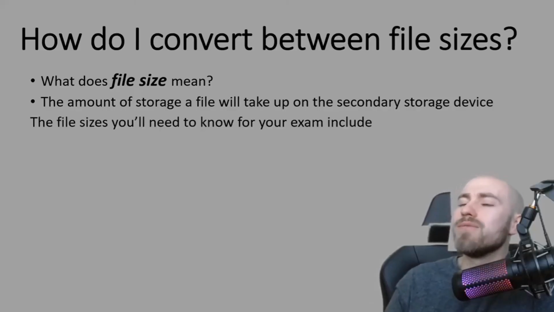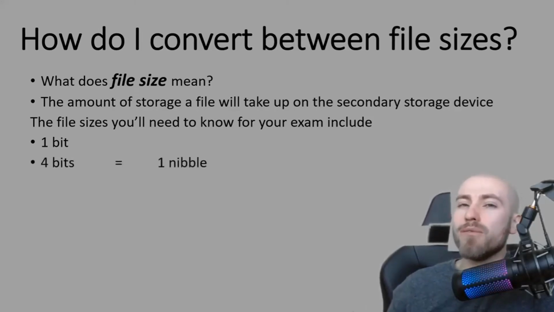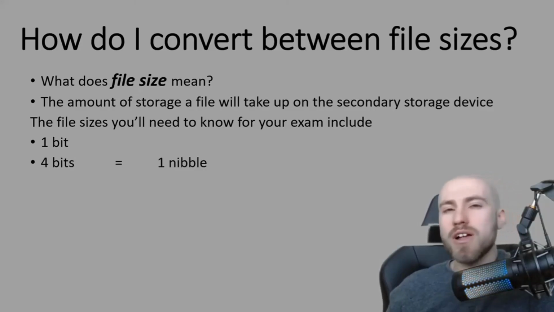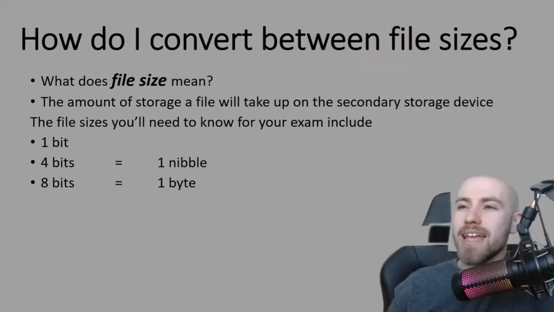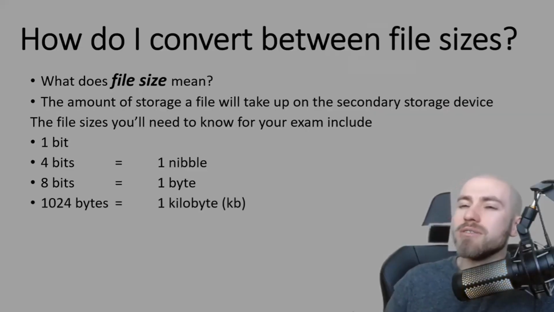Now, these are the different file sizes that we need to know about for the exam. So a bit is our very beginning. It's the smallest file size that we need. And if we've got 4 bits, we can refer to that as a nibble. 8 bits is 1 byte. Now, this is where we come to what I usually refer to as the magic number, 1024.